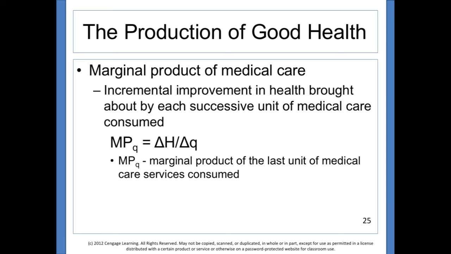Mathematically, we can show that the marginal product of medical care is increasing at a decreasing rate. Basically, the marginal product is diminishing with each additional amount of medical care. The incremental improvement in health brought about by each successive unit of medical care consumed is the marginal product of medical care.